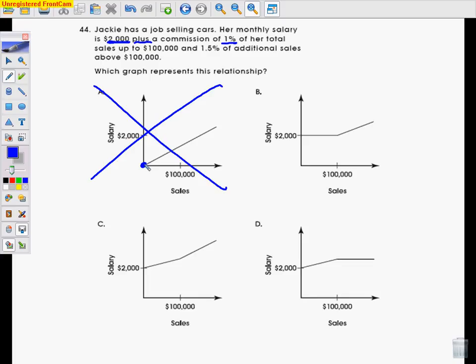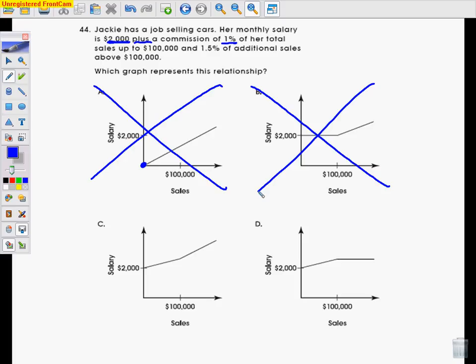Okay, next, we know that her monthly salary is $2,000 plus a commission of 1% of her total sales up to $100,000. So we're going to be starting at $2,000, and our graph should be increasing slightly as it gets up to 100,000. So which of these graphs isn't increasing? Okay, B is not increasing. It's not increasing slightly as we go up to 100,000.